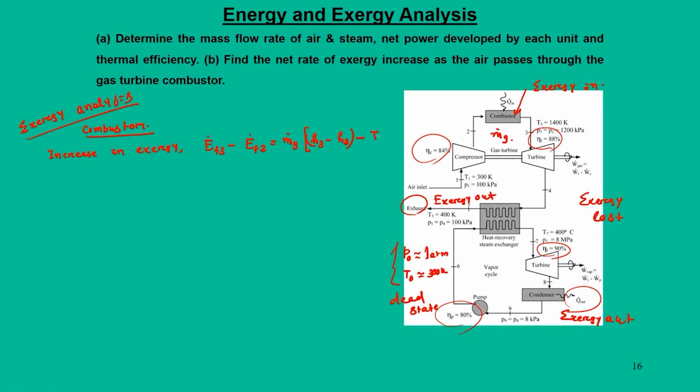Here we have to recall the expression of exergy, keeping the surroundings in the picture, and since this is gas, we need to find out the entropy with respect to the absolute entropy mode.